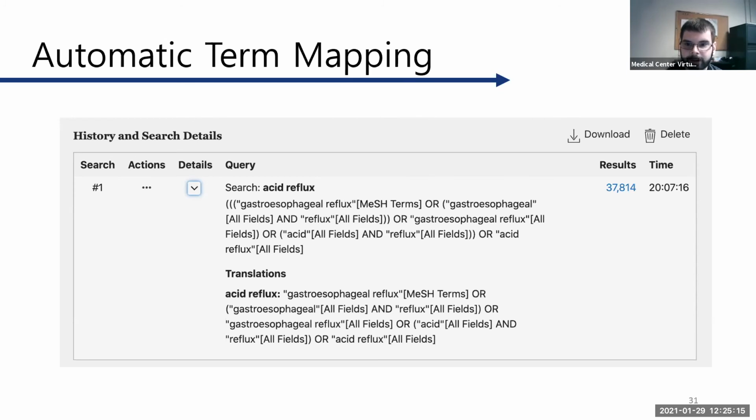And then it ORs more terms until finally PubMed searches for the original search string we entered, which is acid reflux. And this is why on the search results page in the abstract snippets, we saw acid reflux bolded, but we also saw gastroesophageal reflux bolded. And those snippets are search terms that appear in bold. And our search terms include acid reflux, which we typed in, but also include gastroesophageal reflux thanks to automatic term mapping.